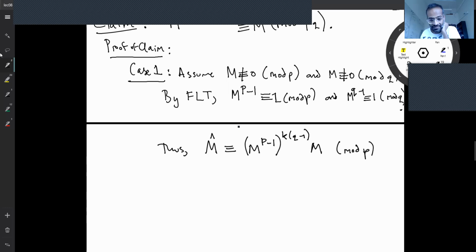That's just rules of exponentiation, which is congruent to 1 to the k q minus 1 times m mod p, which is congruent to m mod p.